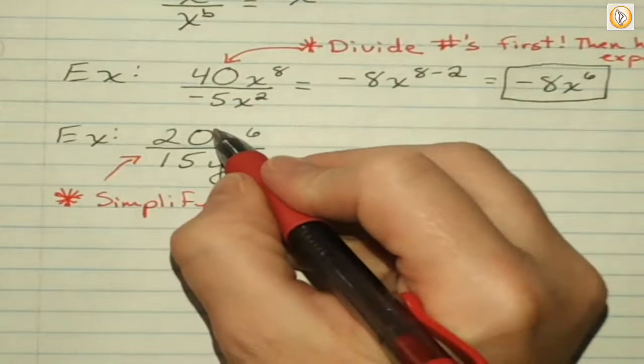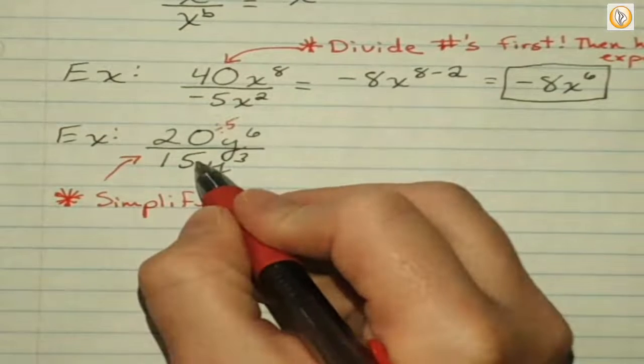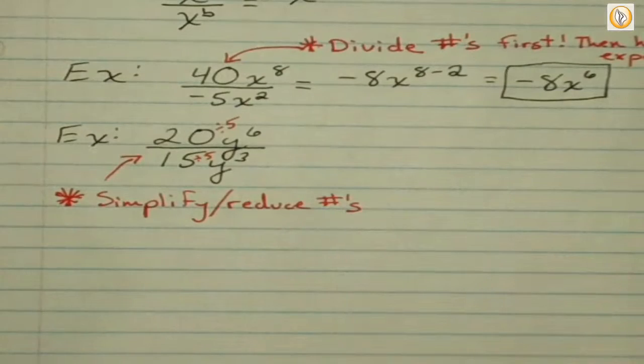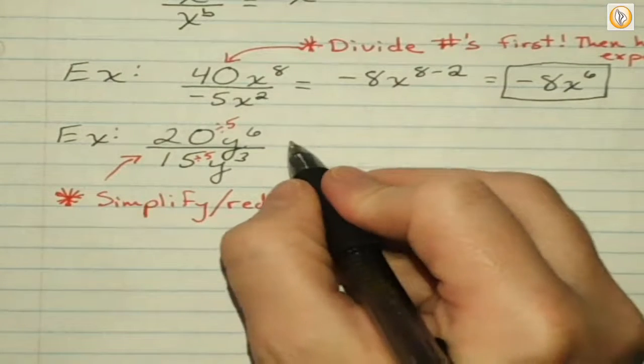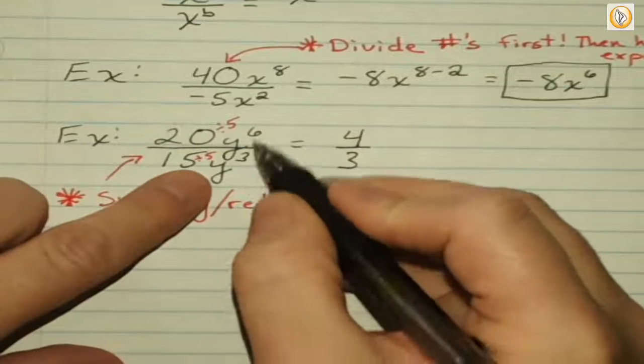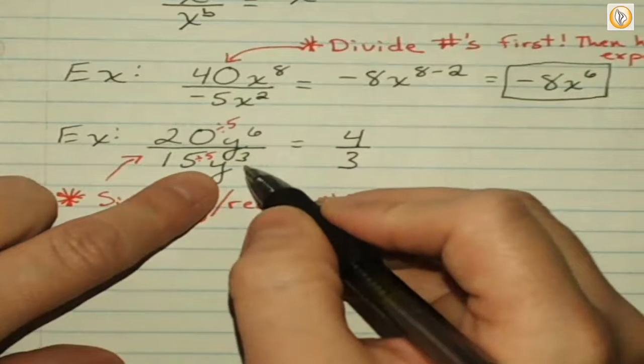So if we divide top and bottom by 5, we get 4 over 3, and then we can handle our variables.